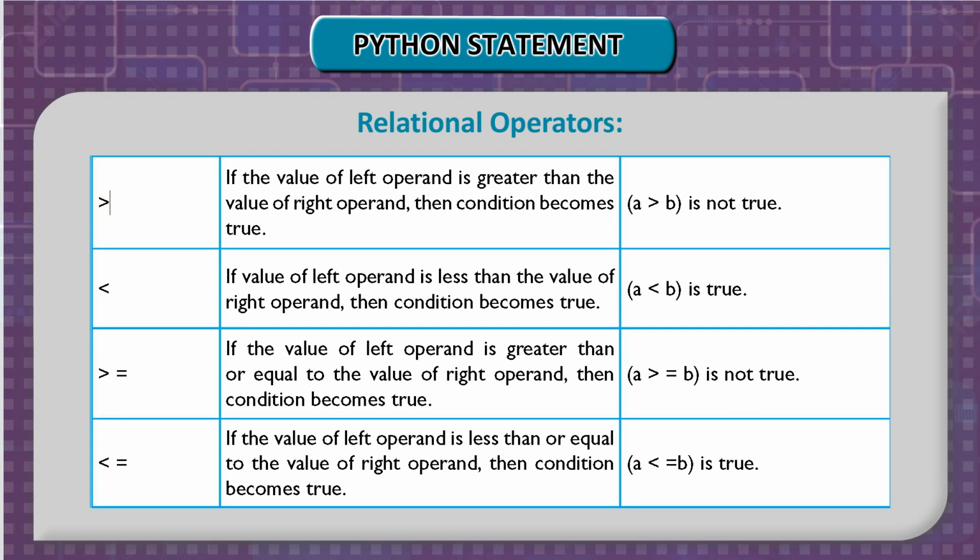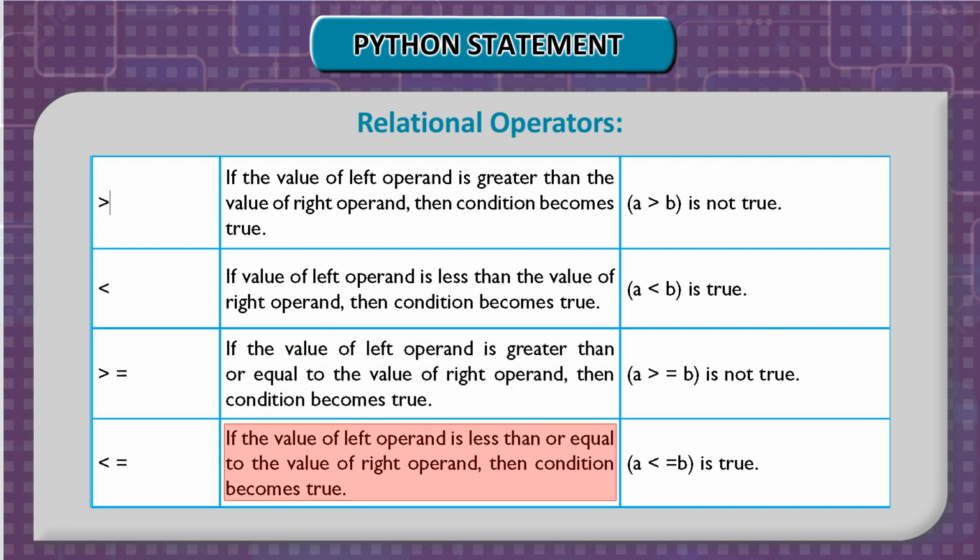Greater than, less than, greater than or equal to, less than or equal to. If the value of the left operand is greater than the value of the right operand, then the condition becomes true. If the value of the left operand is less than the value of the right operand, then the condition becomes true. If the value of the left operand is greater than or equal to the value of the right operand, then the condition becomes true.